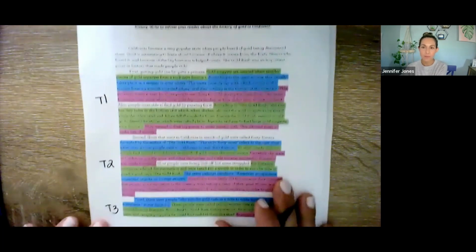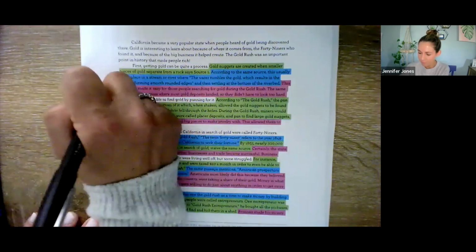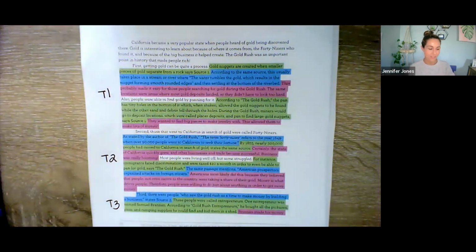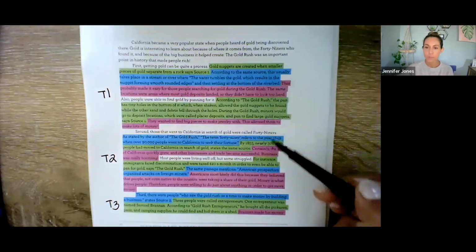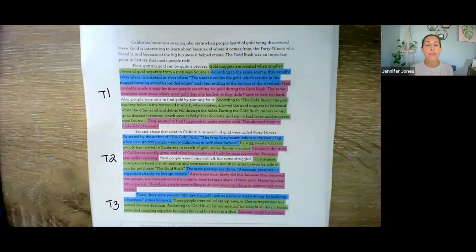All right, so let's look at this essay right now, and I don't want you to read it. Isn't that a silly thing for a teacher to say? Don't read it. I just want you to look at the colors. Okay, everywhere you see blue, this is information that has been copied directly from the sources.